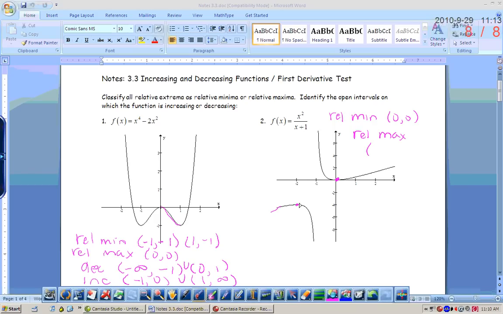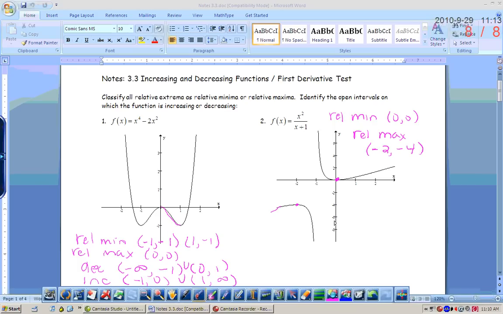It'd be about right here. Negative 2. It's a relative maximum, and remember a relative maximum is at a hill. Yes, your relative minimum could be higher than your relative maximum. Kind of weird to think about.